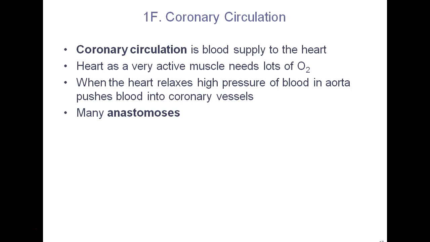These coronary circulation systems have anastomoses. In other words, they are alternate routes that allow multiple detours or multiple points of access for the blood, ensuring that even though there might be one blockage somewhere, all of the heart tissue is going to receive some form of blood.